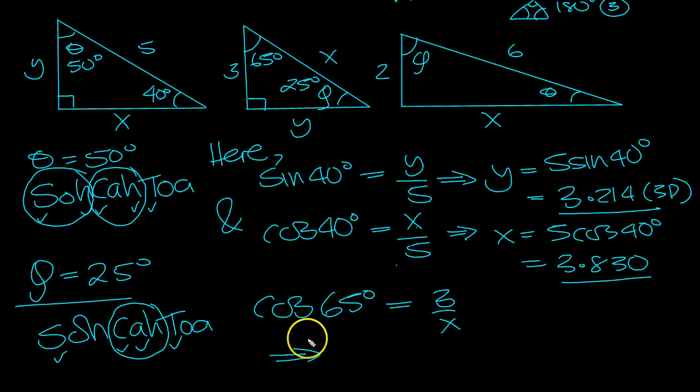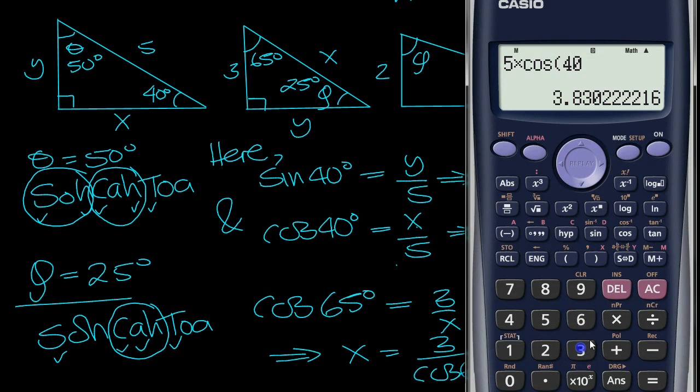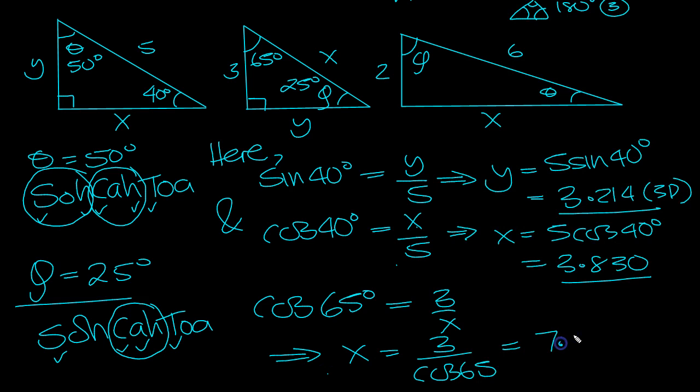So move the x up to times, and at the same time move the cos 65 back down to divide. So we get 3 over cos 65, which is 7.099, to 3 decimal places.